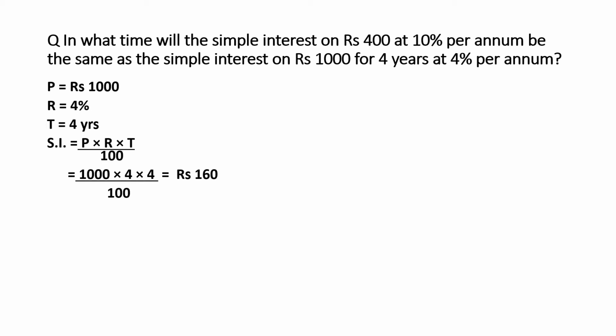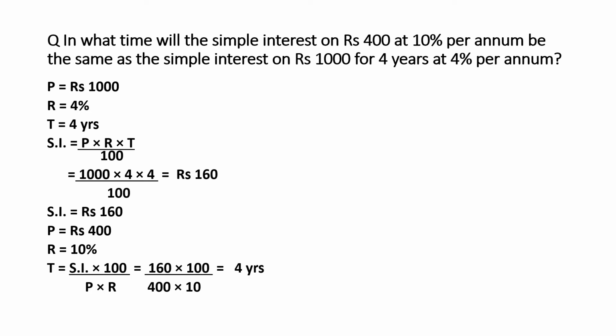This is the simple interest. Now this simple interest will be the same when the principal is rupees 400. Simple interest is rupees 160, principal is 400, rate of interest is 10%, and we have to find the time. The formula for time: simple interest into 100 upon P into R. 160 into 100 upon 400 into 10, and when it gets cancelled off, the time is equal to 4 years.